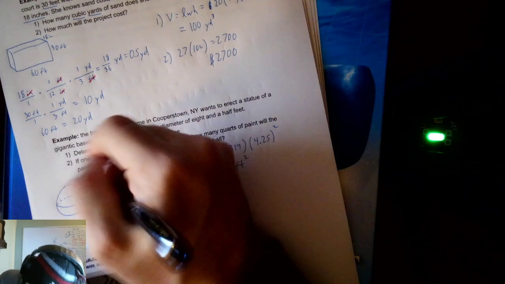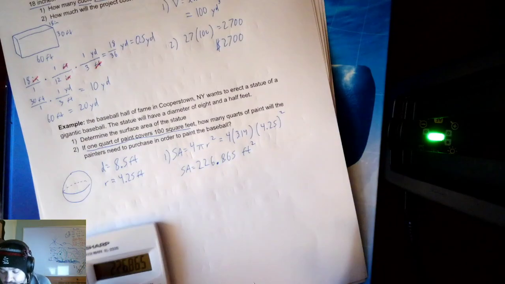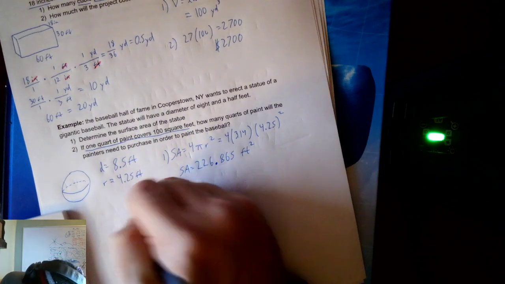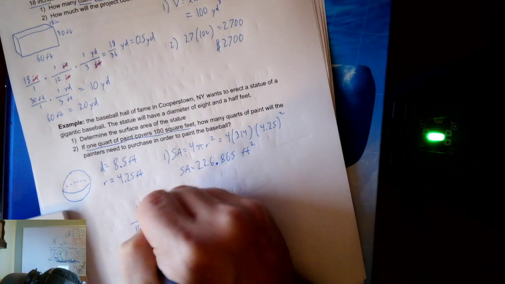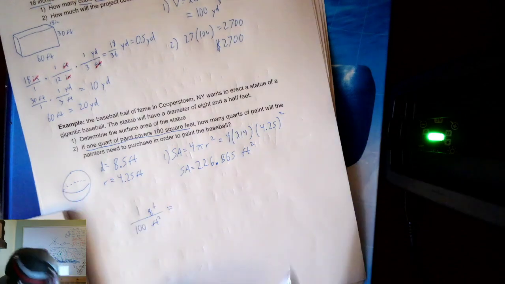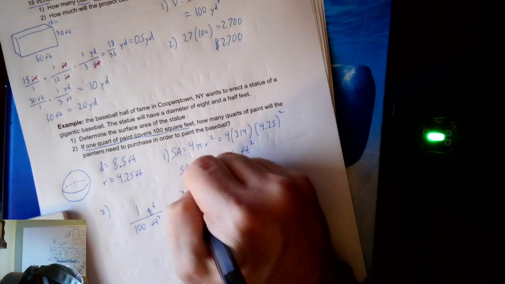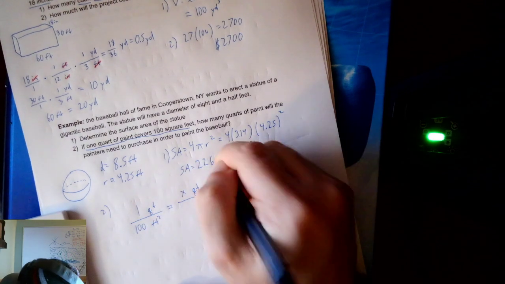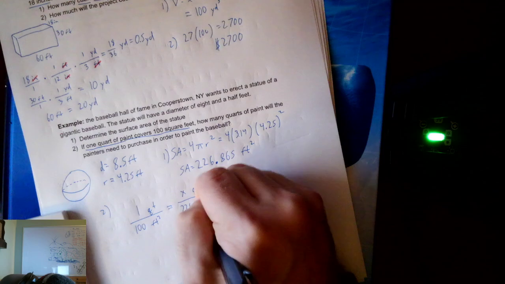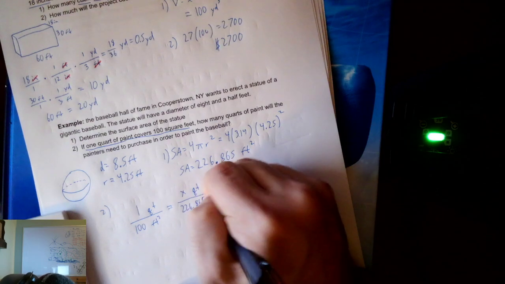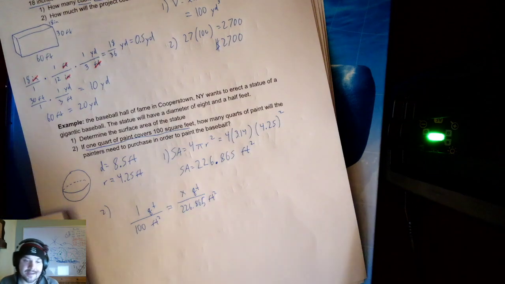Now the second part gives me a ratio, 1 quart to 100 square feet. So let's see, 1 quart covers 100 feet squared. For the second part, right, I want to know x quarts will cover, well, my baseball is 226.865 feet squared, right? We have a proportion problem.